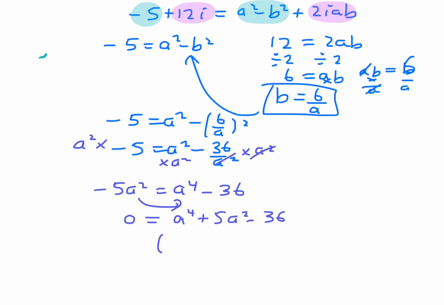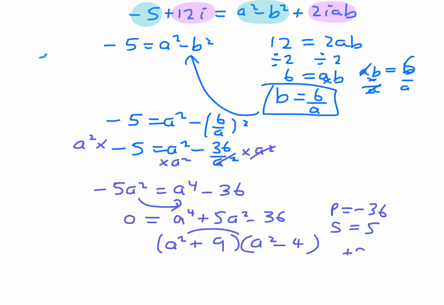So when we factorise this, we need to put a squared and a squared because we want to make a squared times a squared, which is a to the 4. So the product will be minus 36, the sum is minus 5, so that means it's going to be plus 4 minus 9. Plus 4 minus 9 gives you minus 5. Plus 4 times minus 9 gives you minus 36.